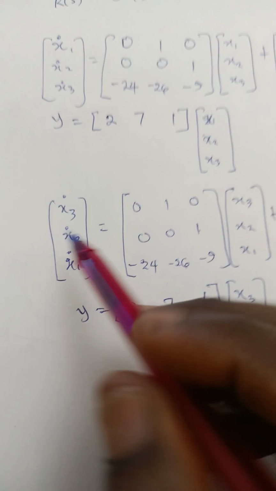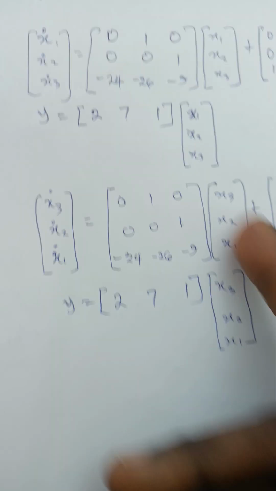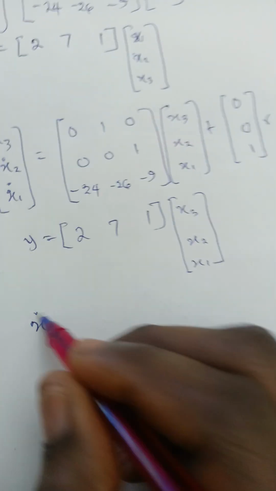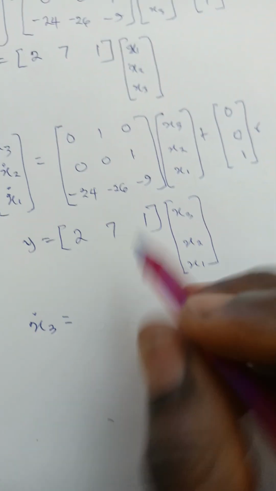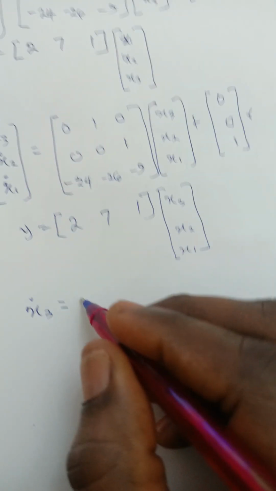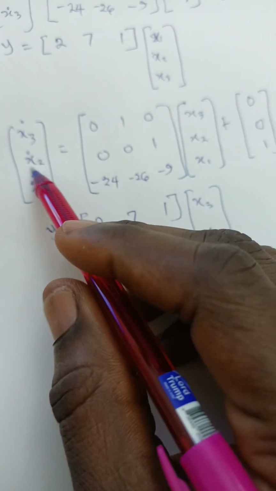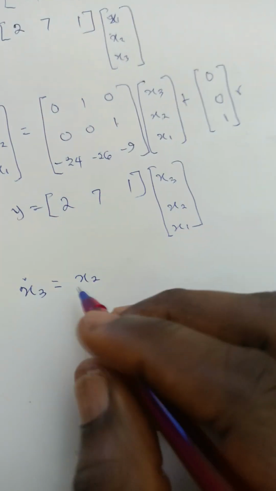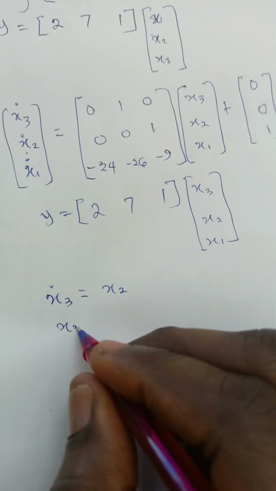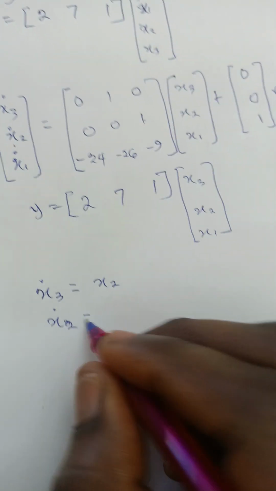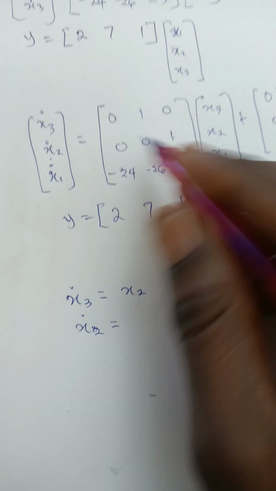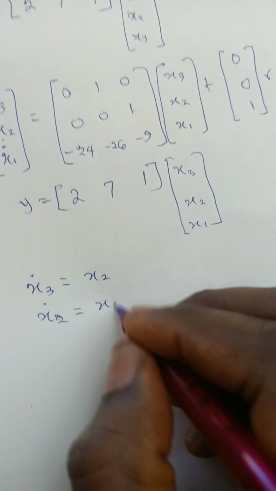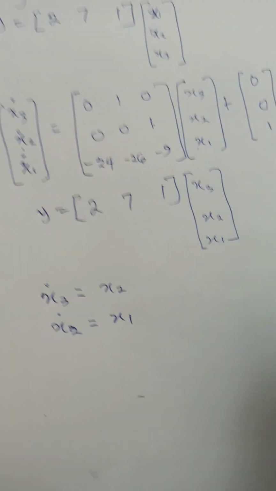As this one is now, we are going to open these brackets. Opening these brackets, x3 dots will become x2, then x2 dots will become x1 rather. Just multiply this.